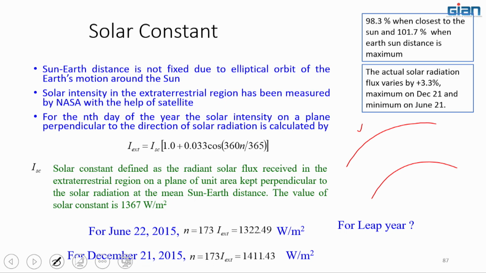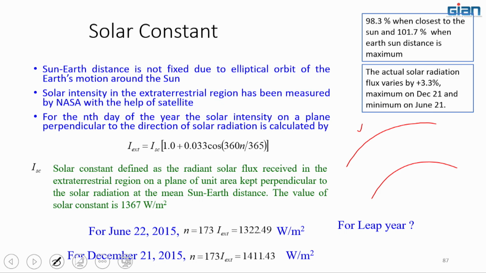But beyond this, it is the extraterrestrial region, where I_SC is 1367. Okay, but since n varies, this also varies. Normally, this intensity of solar radiation in the extraterrestrial region is 1367 watt per meter square. Okay, but it varies because n varies. The actual solar radiation flux has plus minus 3.3% variation, because the sun-earth distance is not always uniform.